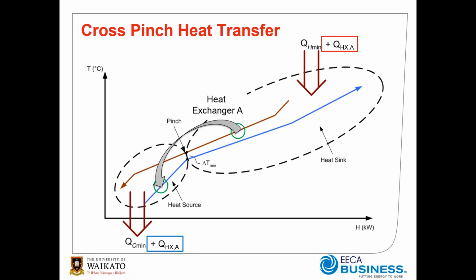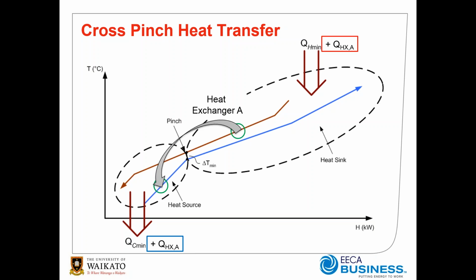So bringing this back to the use of the target, we can come to a process that we already know its utility use. We know how much heat recovery is already going on. We can take the hot streams, we can take the cold streams, we can apply this composite curve methodology, and we can pinch the two curves together.